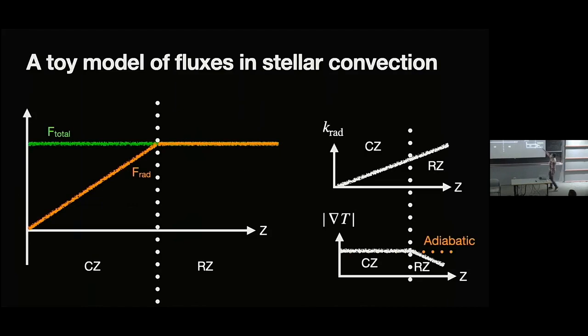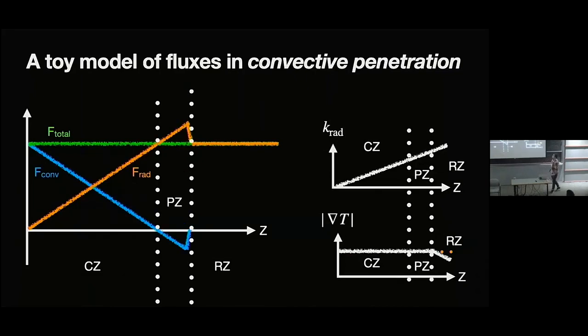Radiative flux is increasing in the convection zone, and then becomes constant on the outside. There's some sort of total flux through the system. So the convective flux looks like that. And it's in thermal equilibrium, and everything is great, and we're happy, except for the fact that this can happen, and now we're not happy anymore. So what's going on here?